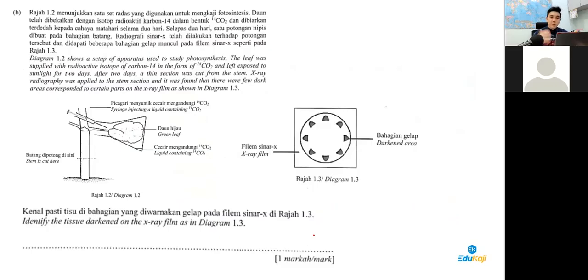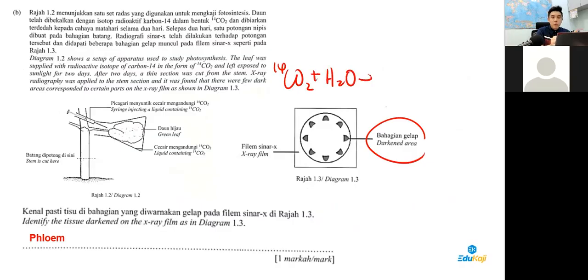Now, next is quite a popular form of experiment, and this has been repeated quite a bit for the past 5 to 8 years. This experiment is talking about the darkened area, which ultimately refers to phloem. The reason is because of carbon 14: CO2 and water give C6H12O6 and oxygen. In the new KSSM syllabus, they want water as well.